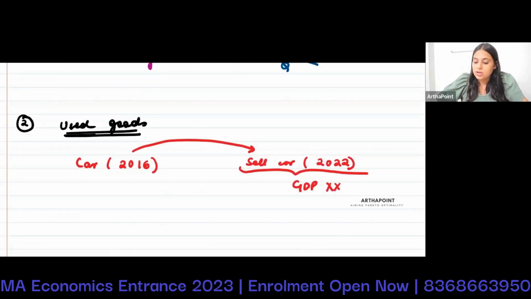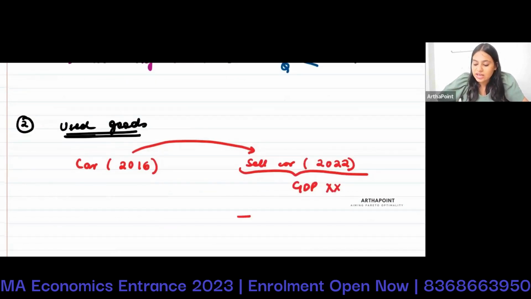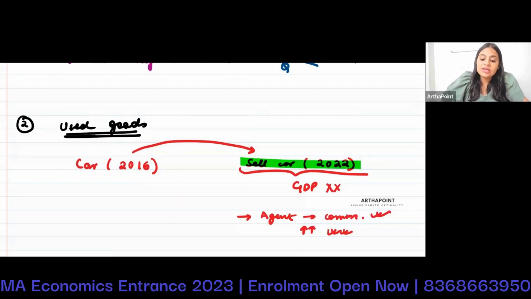Of course, if I am using an agent to sell this car, and I am paying some commission to the agent, he provided his services this year. This is part of GDP. But this car in itself is not part of GDP. It would have been added in GDP the year it was produced.